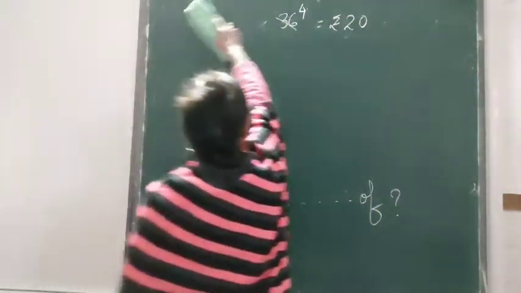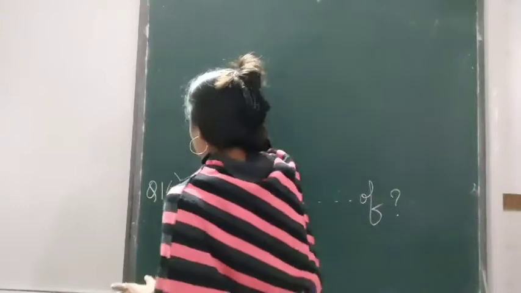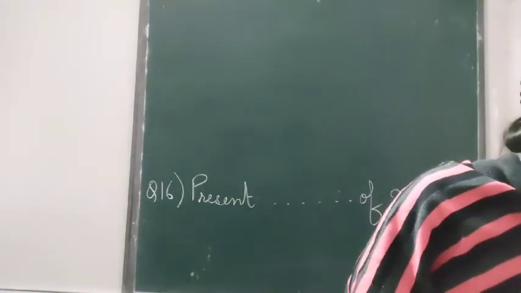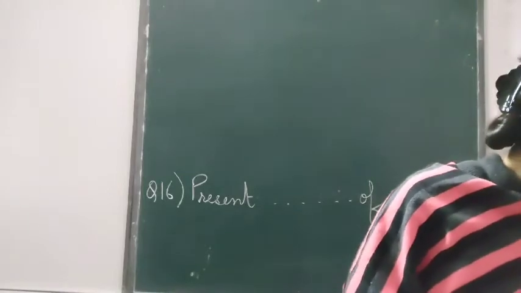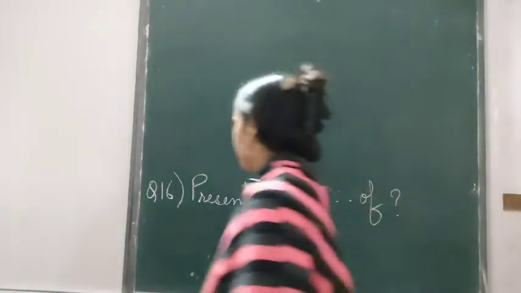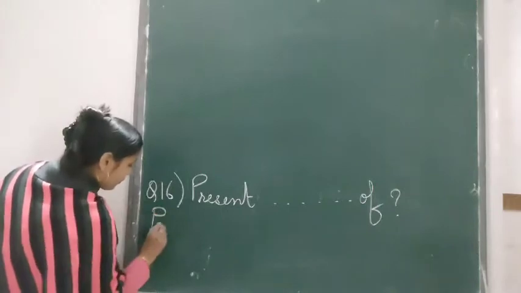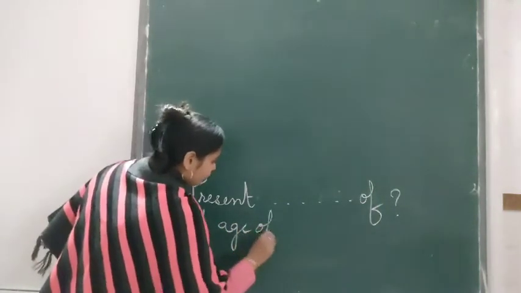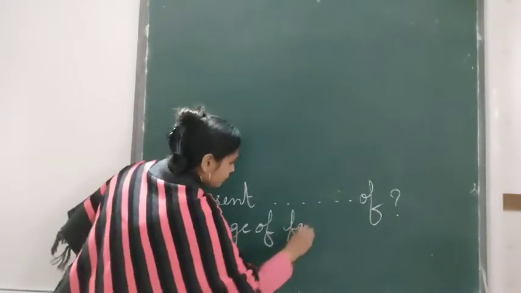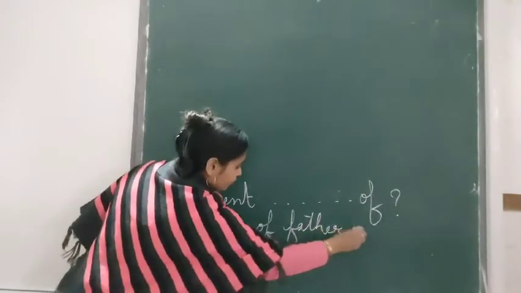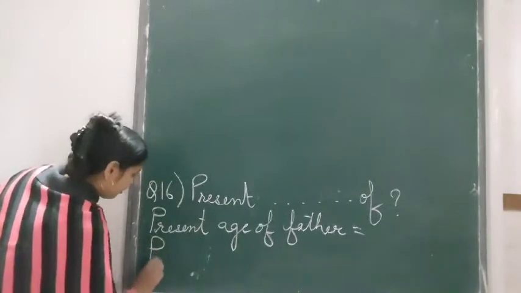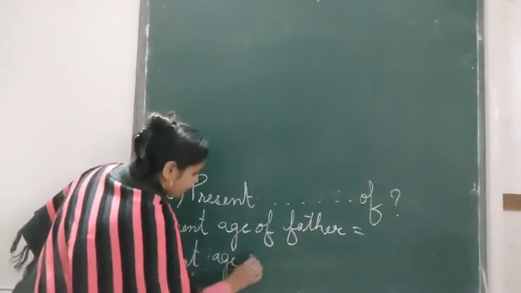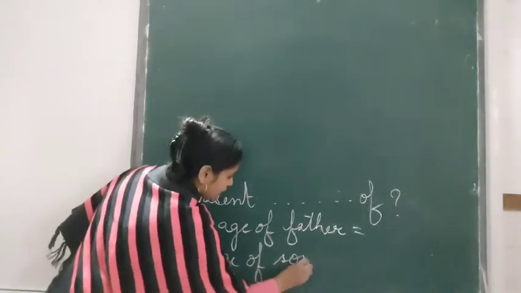Father's present age and son's present age is given, right? Father's present age is how much? 42 years and son's present age is 14 years. So we are going to write present age of father and present age of son.